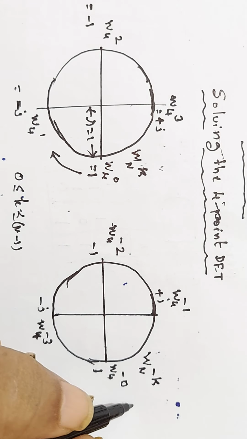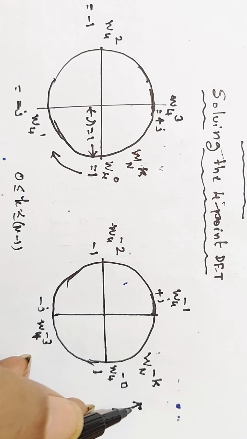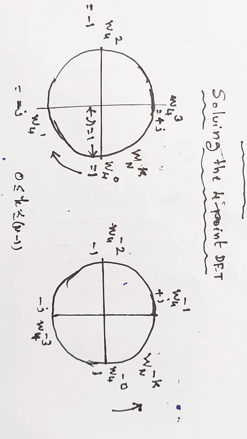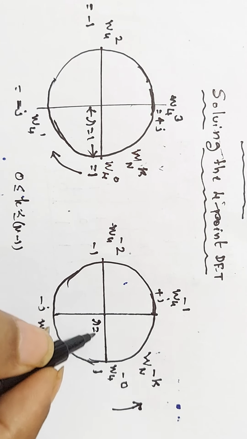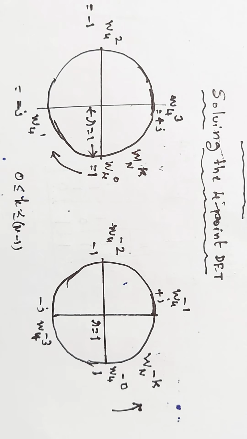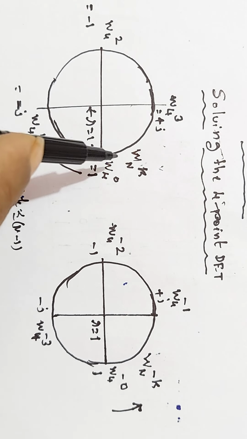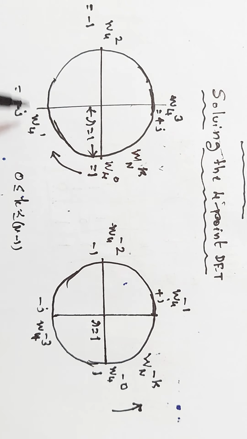And we know that all the DFT points are represented on a circle of unit radius, where the radius of the circle is 1. The positive DFT points are represented in the clockwise direction.